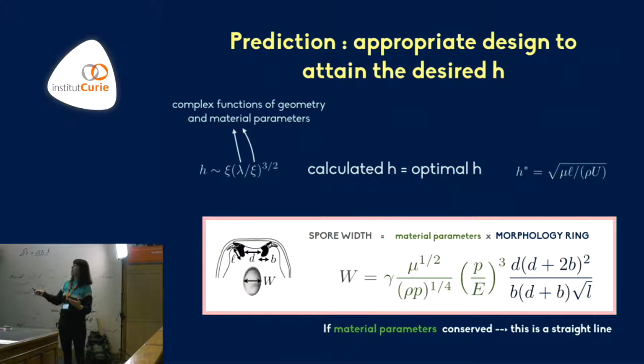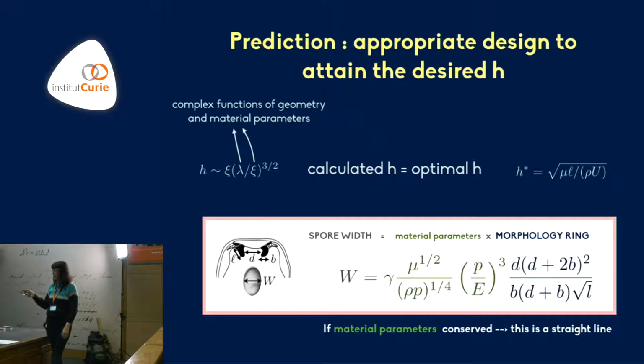This is the combination of material parameters that we're going to assume to be constant across species for a moment. Okay, and we'll talk about this later. And this is the nonlinear combination of length scales of this ring. Again, it's a ring, so it has 3 dimensions: the length, the width of the initial ring, and the thickness of the ring. So these are D, L, and B.